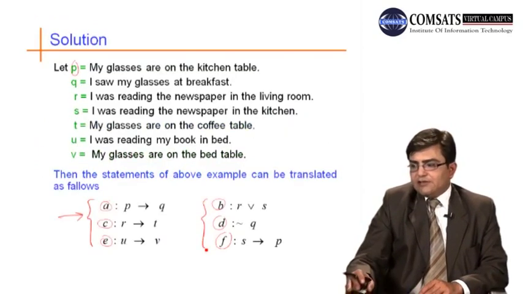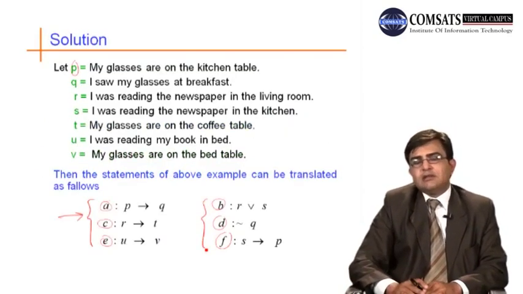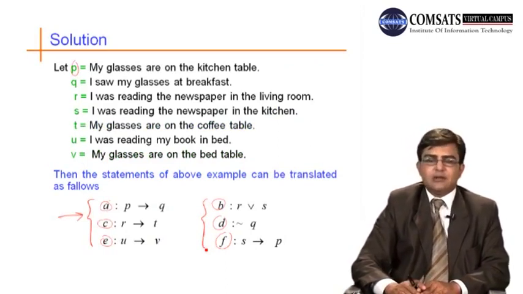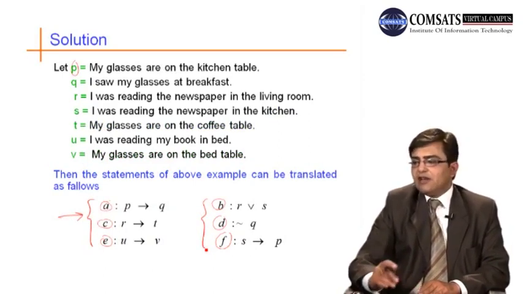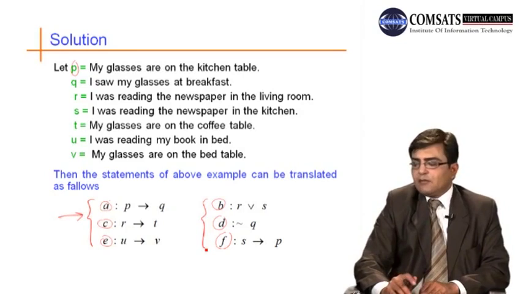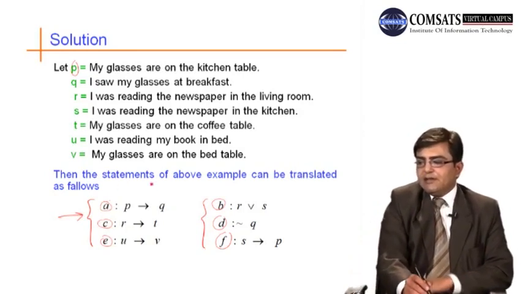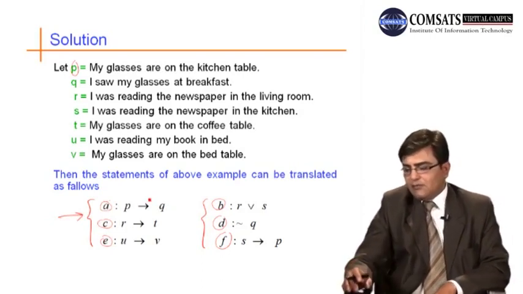So first we have transformed the argument into logical form using logical connectives: implications, disjunction, negation. We have transformed our argument into the logical form or symbolic notation.